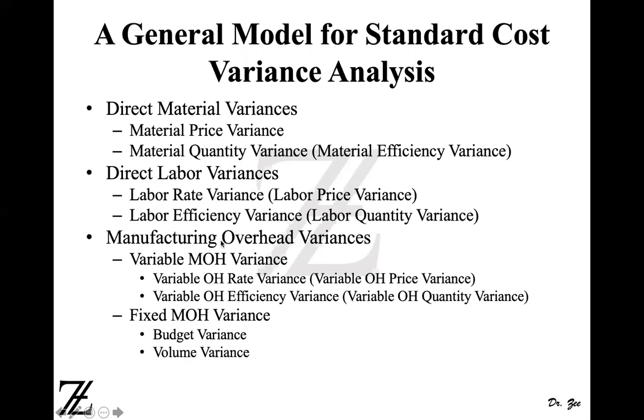We have the manufacturing overhead variances. So we have variable manufacturing overhead variance, in which we have overhead rate variance, also known as variable overhead price variance. And we also have overhead efficiency variance, which is also known as overhead quantity variance.